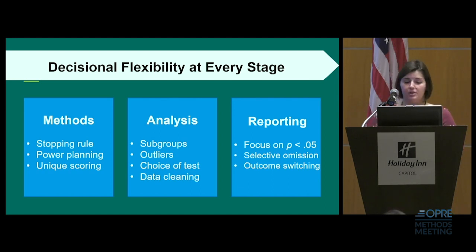We can have selective omission, so leaving out results that are incongruent with other results. And we can have outcome switching, as Samin mentioned. So if we collect 2 or 3 different dependent variables and we only emphasize the one that gives the most favorable or the most theory consistent result.